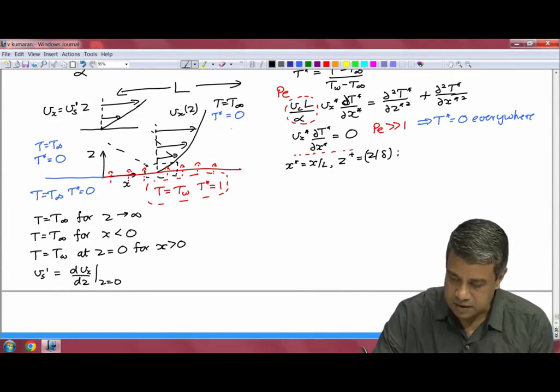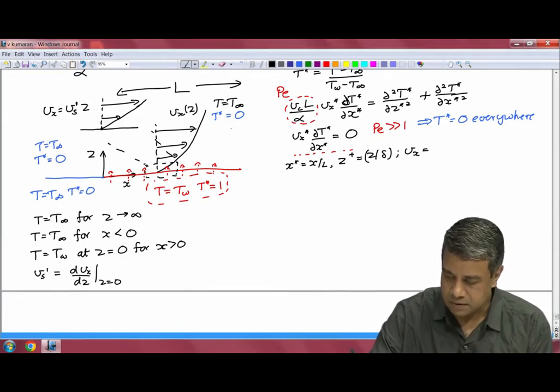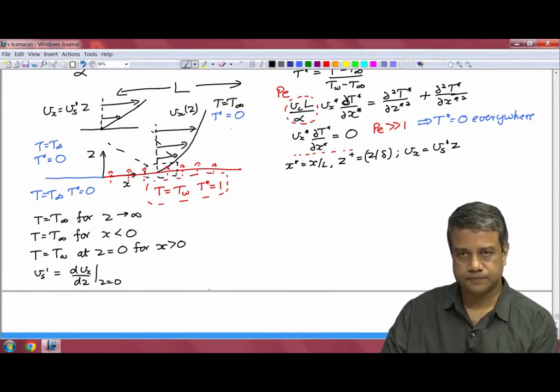Therefore, I can write Vx is equal to Vs prime into z.